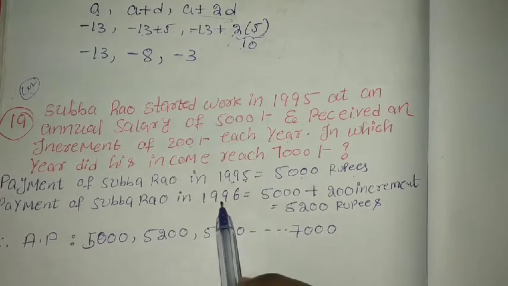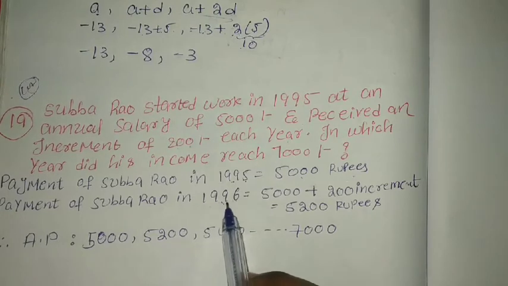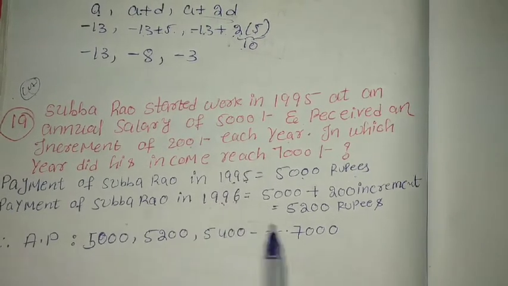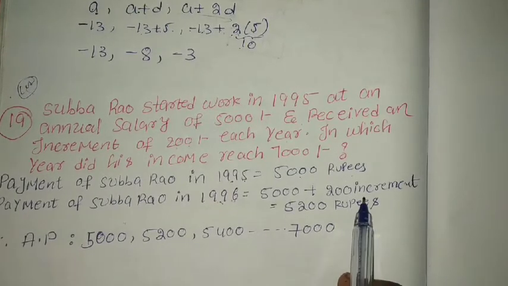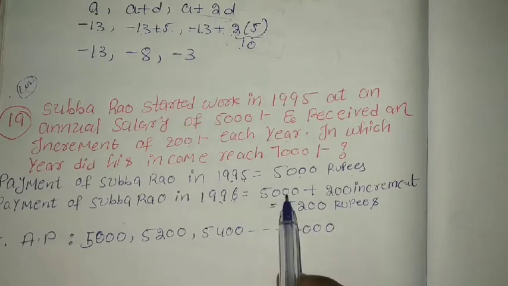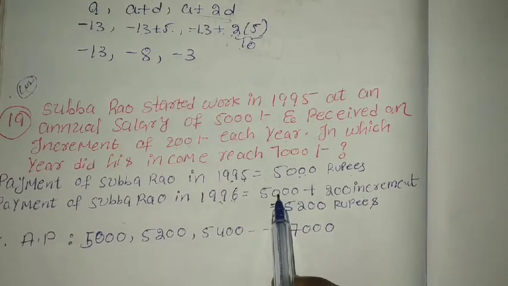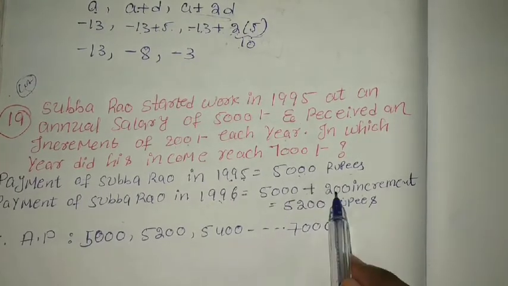Then what about 1996? In 1996, Subbarao's payment will be 5,000 plus 200. What is 200 here? Increment. So before, his salary is 5,000 rupees plus increment, that is 200. So what is 5,000 plus 200?